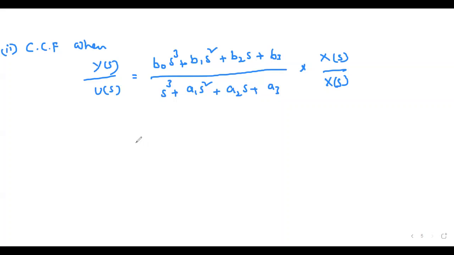When you multiply this, the numerator will be b naught.